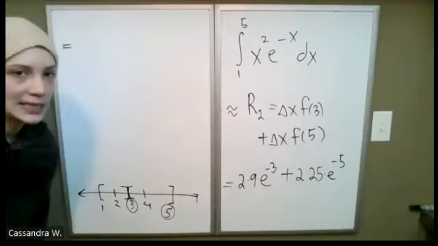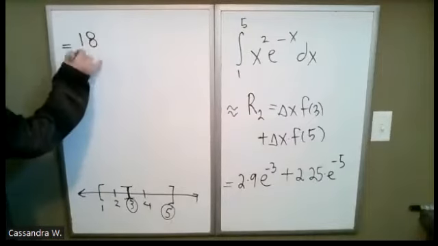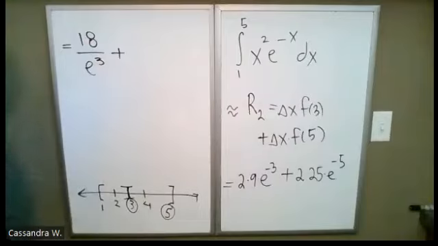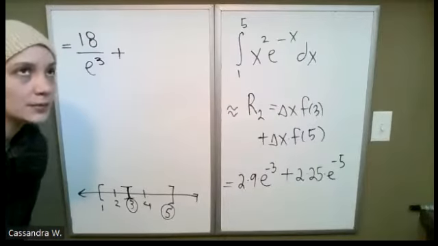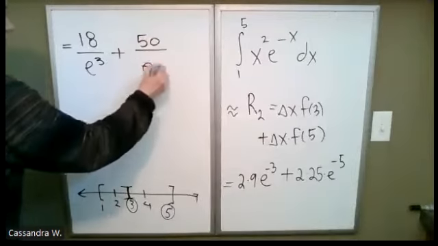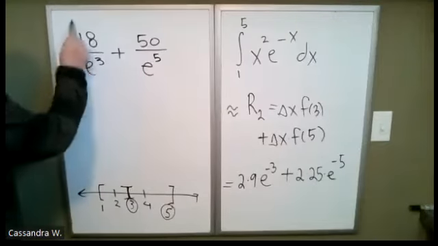Okay, so I just wrote this as 18 over e cubed. Okay, add 50 over e to the 5th. And left it like that.